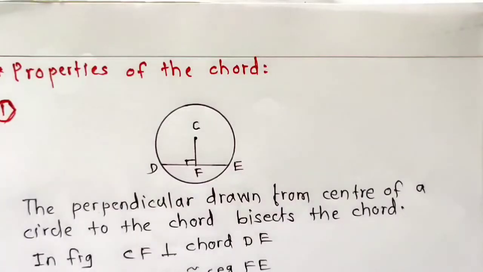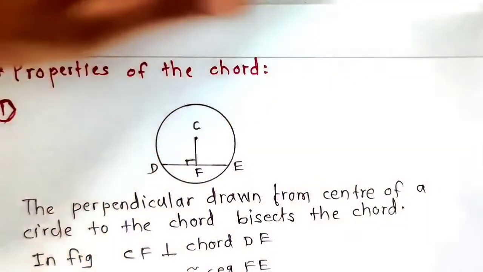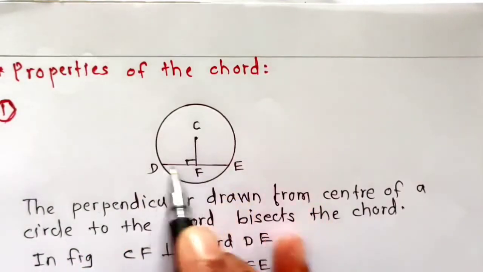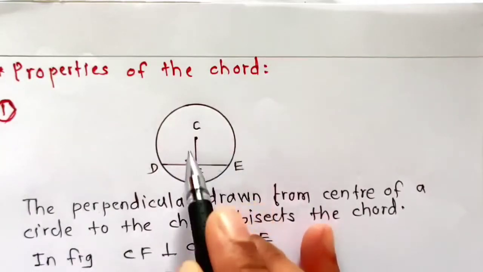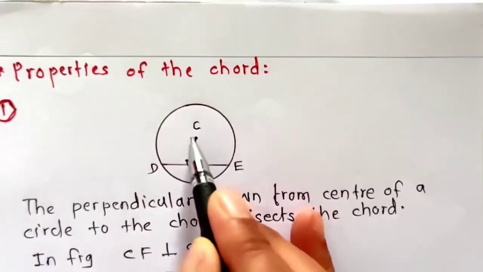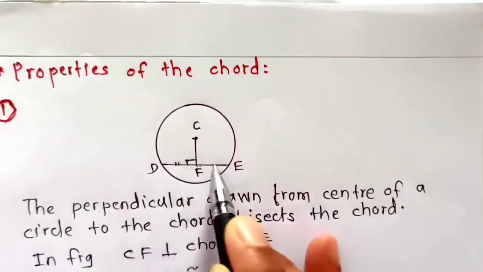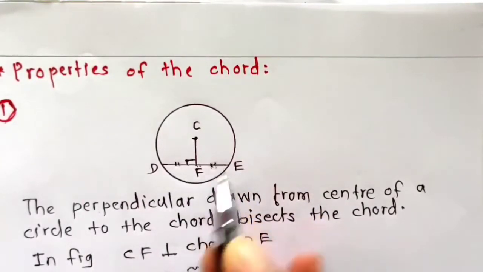Now here we have to recall some properties of chords that we studied in 8th standard and 9th standard. The first property of a chord is, if we draw a chord DE and draw a perpendicular from the center to the chord, and if we measure DF and FE, then these are congruent.